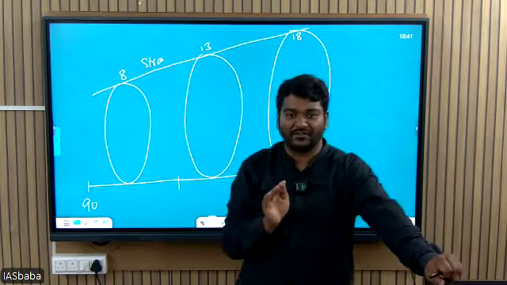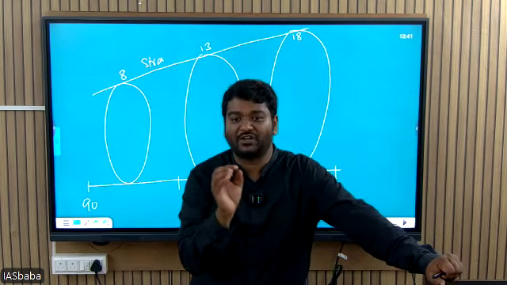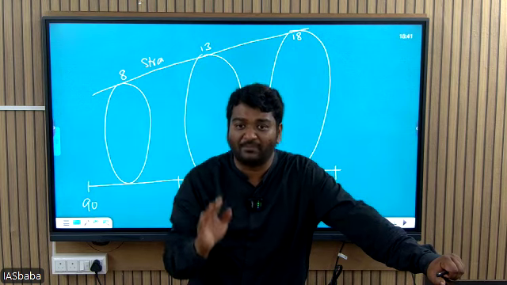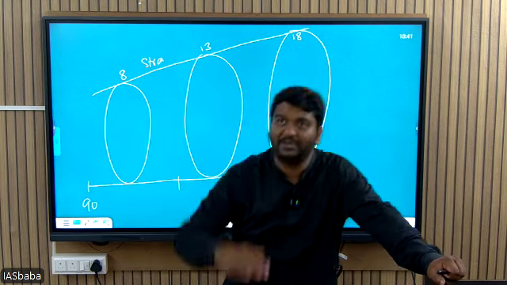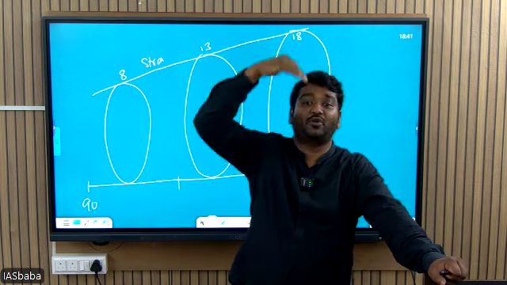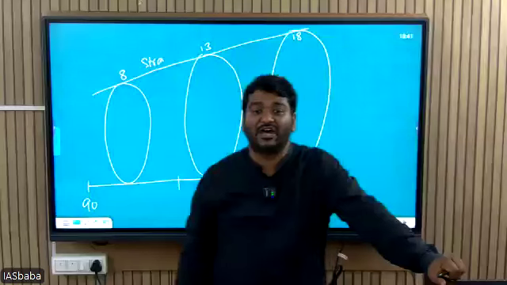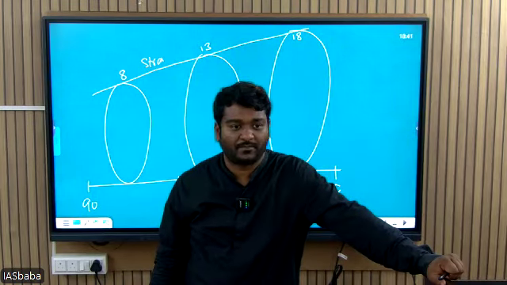Different countries use different things, but most of the countries use this specific number. 12 kilometers from the ground, it is our controlled airspace. Above 12 kilometers, we call it uncontrolled airspace.